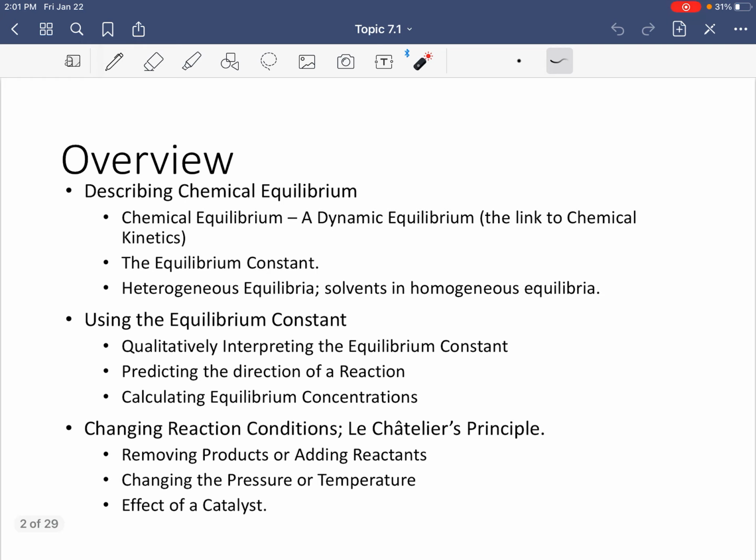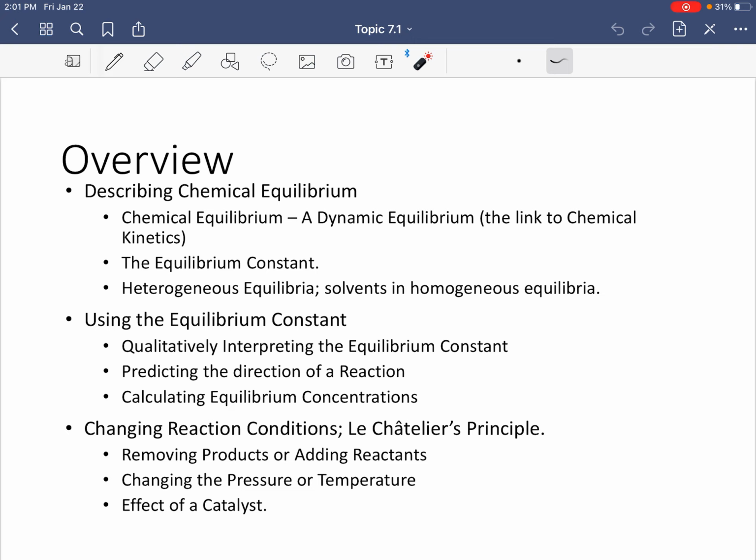Okay, in terms of the overview. The overview here is that we're going to be describing what a chemical equilibrium is, in the sense of what we know as dynamic equilibrium, linking to what we just finished learning, which is chemical kinetics, speed of reaction. We'll see what that means.